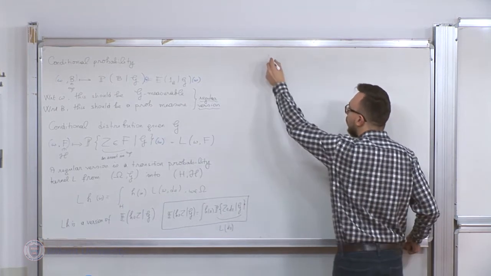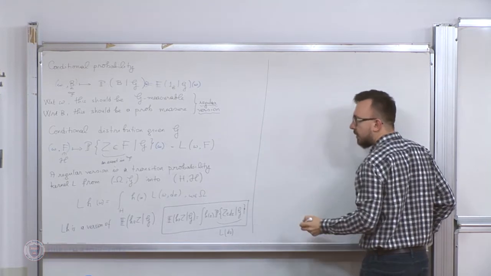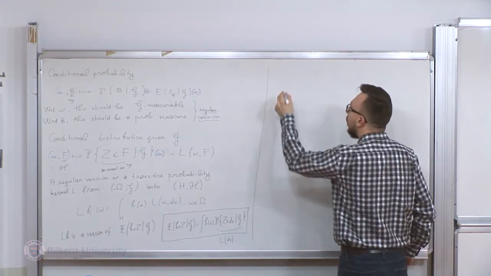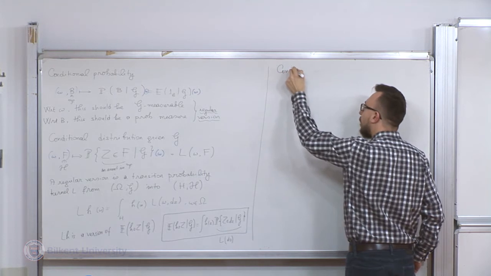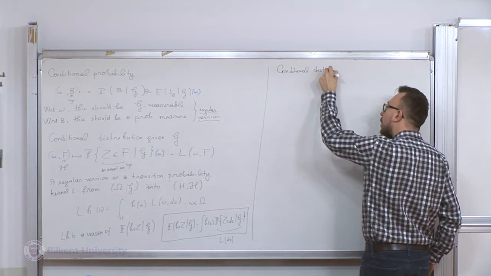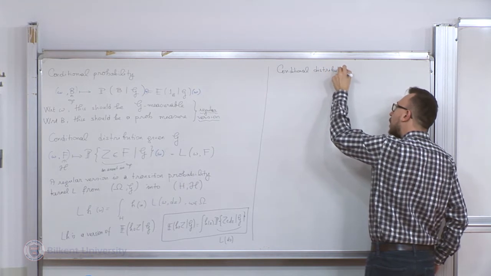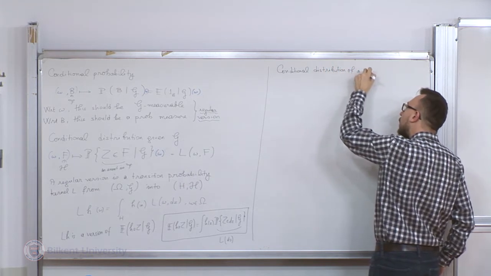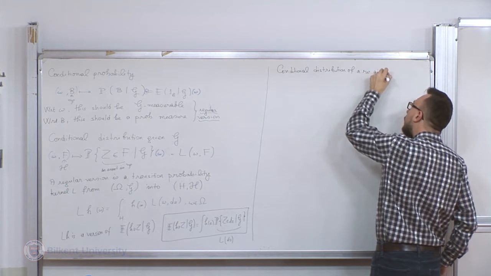So now we're going to look at a further special case of this. So conditional distribution of a random variable given another random variable.